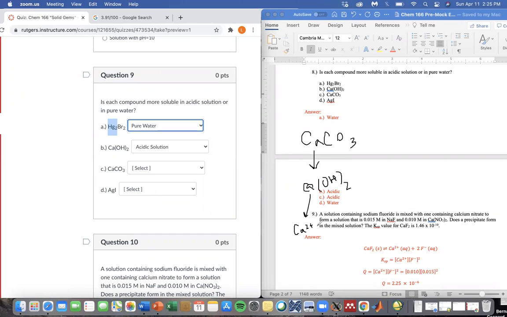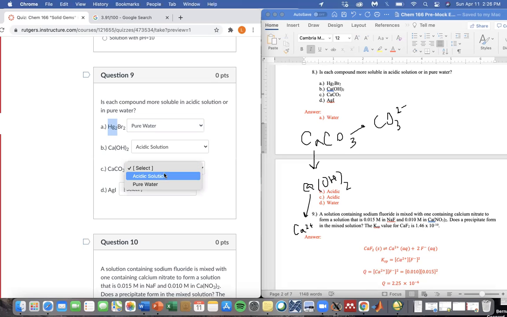It just hangs out, doesn't do anything. It'd be a neutral pH. But CO3 2 minus, if you remember, you might have even had situations where that literally was your weak base. Because H2CO3 is a weak acid, this also would be a weak base. And because of that, the solution that's acidic is going to dissolve it more than the solution that is just pure water, because this is slightly basic. So that one would be acidic.